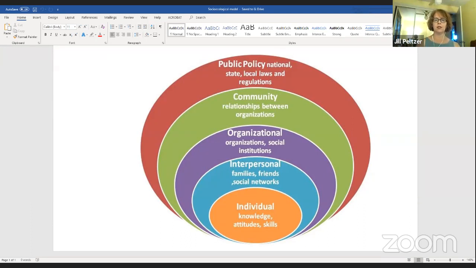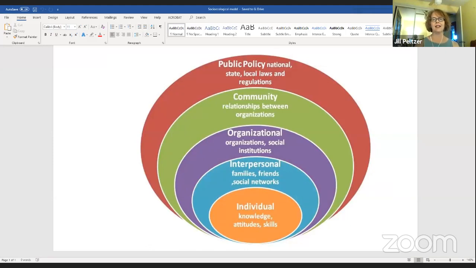The community level focuses on the networks between organizations and institutions that make up the greater community. And those can include businesses or functions of the built environment, such as neighborhoods or parks. And the community structures are important in determining how populations and communities behave and the customs that they may uphold.